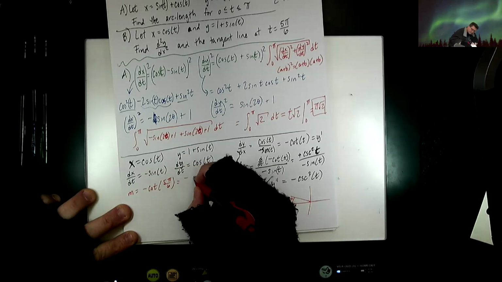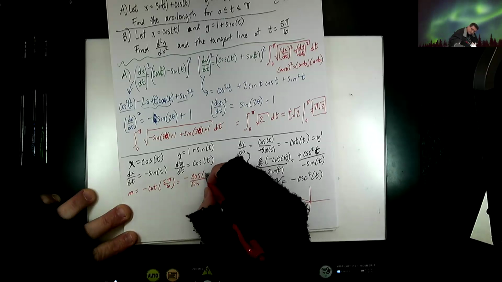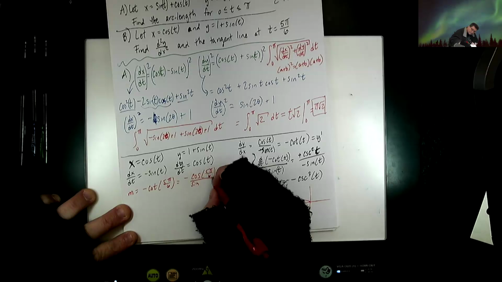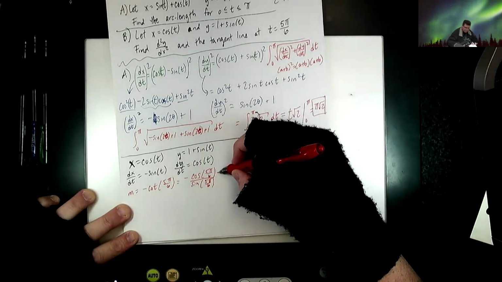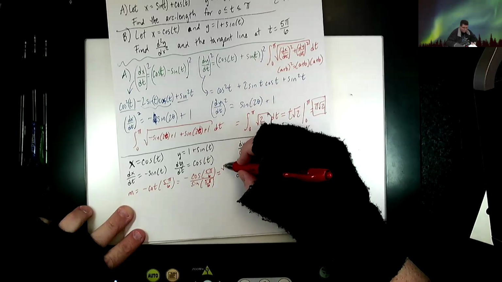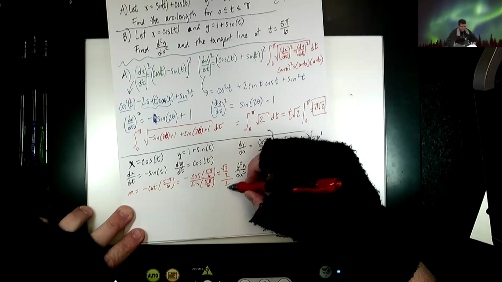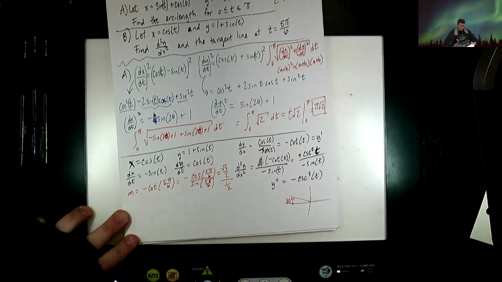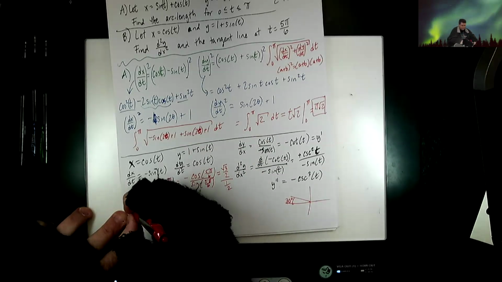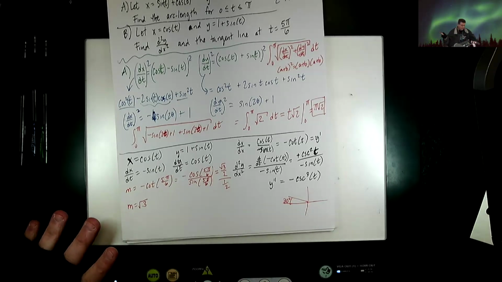I think this is easier to see as negative cosine over sine, because I don't remember these very well. The negative is going to cancel out, √3/2, and that one is 1/2. So m is just √3. You get that?